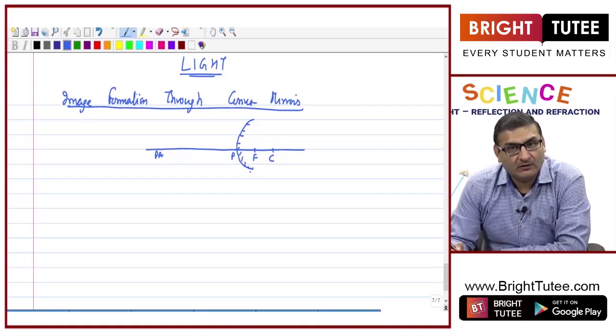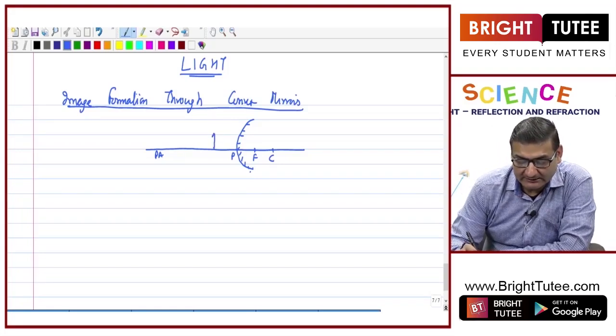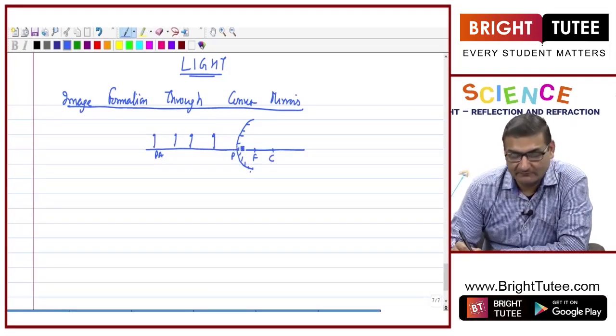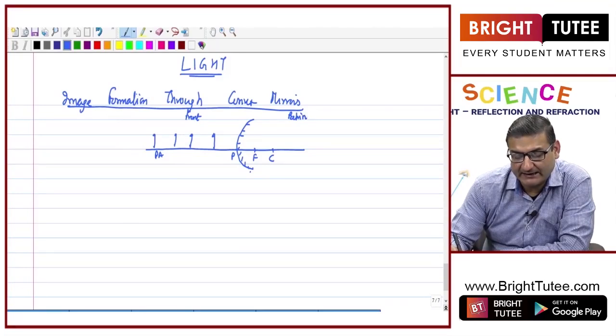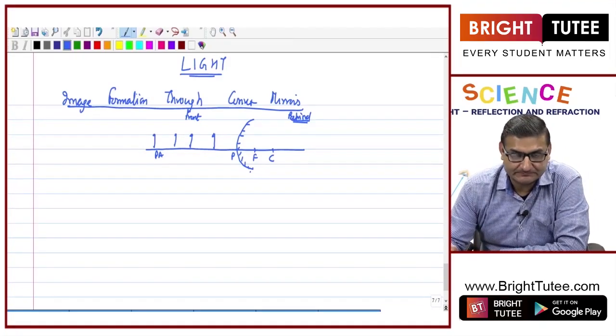All the objects that we place on the left hand side, that is in front of the mirror, and this is behind, the back side or the right hand side of the convex mirror.